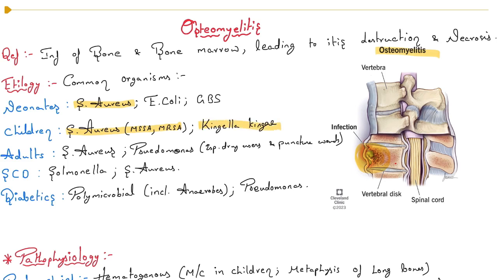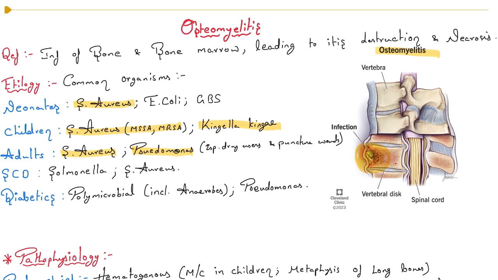In adults, Staph aureus and Pseudomonas, especially if the patient is a drug user, using drugs like heroin through needle injection or puncture wounds, these adults can get osteomyelitis because of Pseudomonas or Staph aureus.